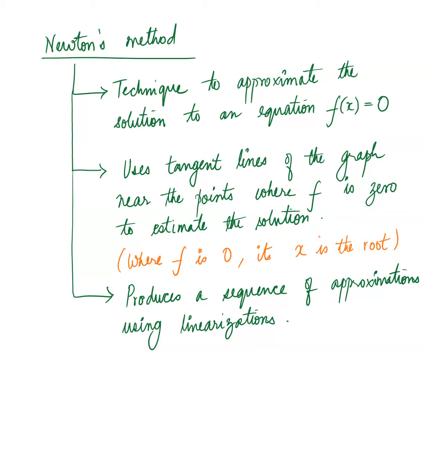And to do this, we produce a sequence of approximations using linearization. Again, linearization comes from the idea of derivatives and using the equation of a tangent line, which is basically y minus y1 equals m times x minus x1. So it is all old stuff that we are renewing each time to help us determine a solution to a complicated equation.